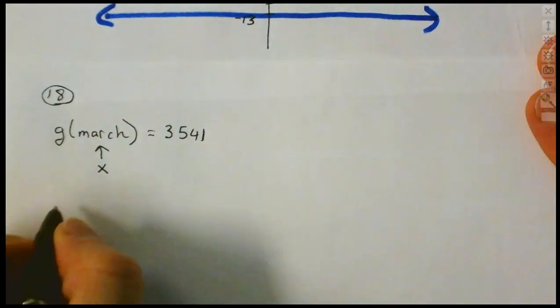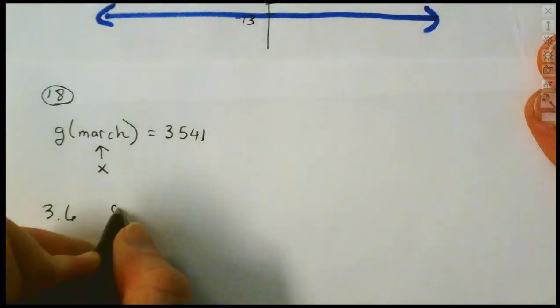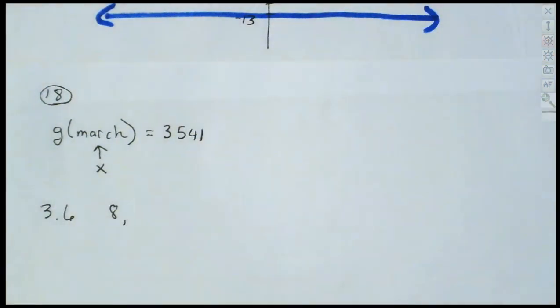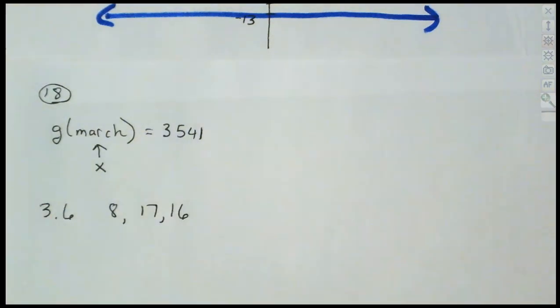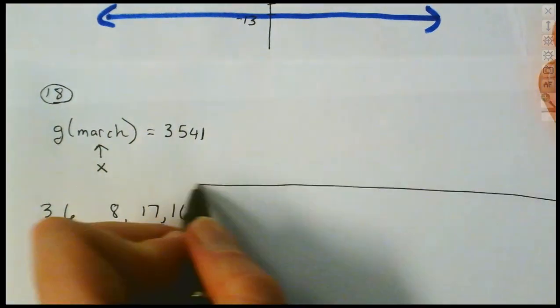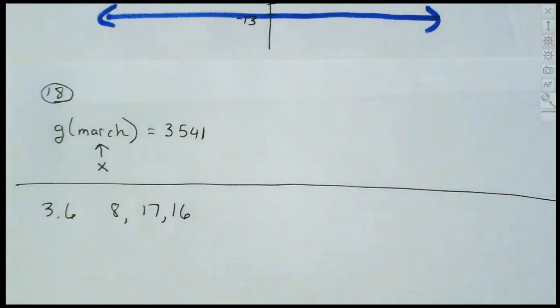Okay. Number 8. Okay, 3.6, question 8. Number 17. Sure, 17 as well. Well, 16 and 17. Okay, 16 and 17, sure. Do we have anything else out of 3.6 to look at?